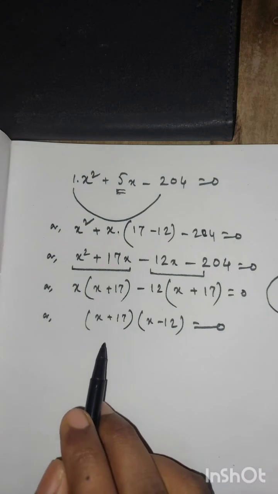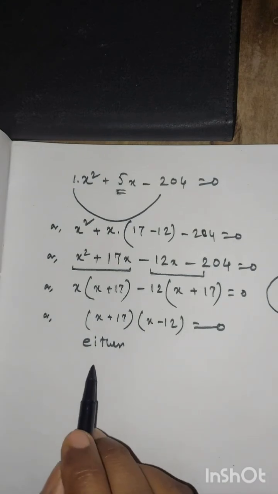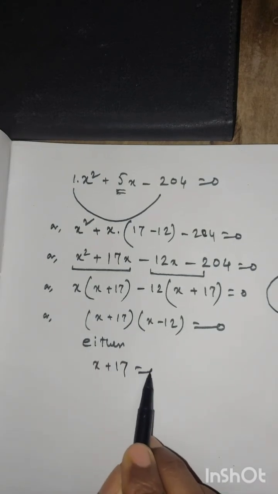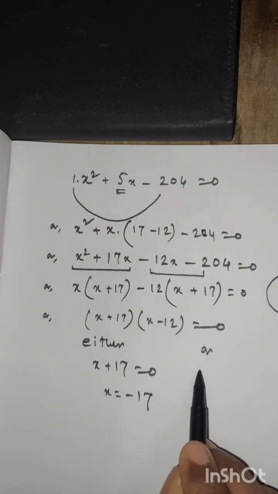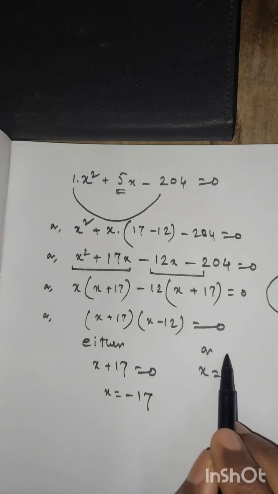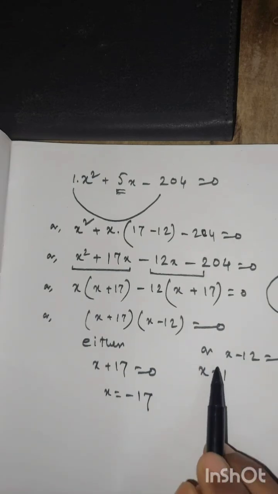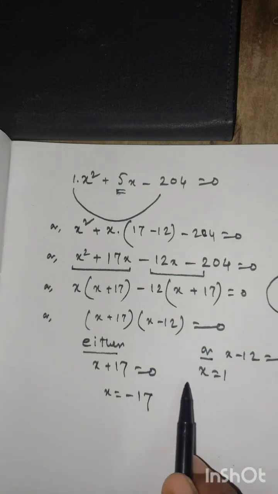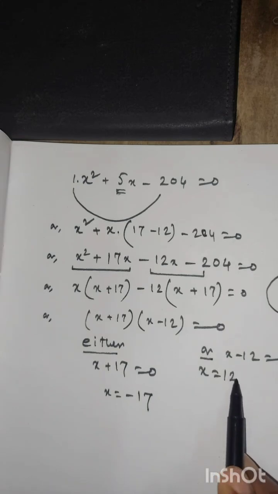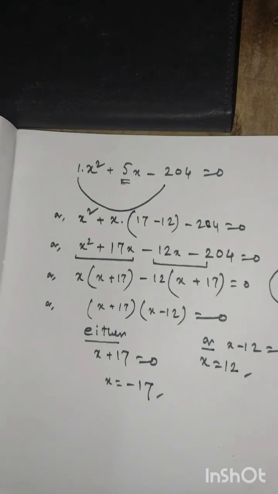So we can write either x equal to minus 17 or x minus 12 equal to 0, so x equal to 12. So either x is minus 17 or 12. We know length cannot be negative, so we are going to take length as positive, that is 12.